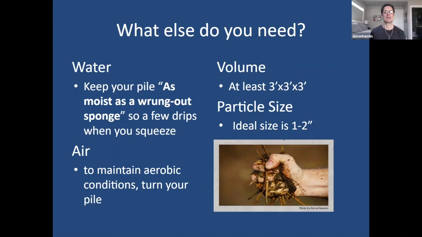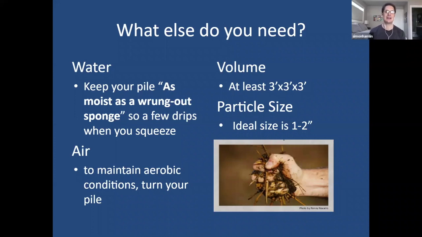So in terms of volume, 3 feet by 3 feet by 3 feet per bin that you'd be using for your compost pile. Sometimes you'll have several of them stacked next to each other, and you want some size because you're going to be digging in there with a shovel.